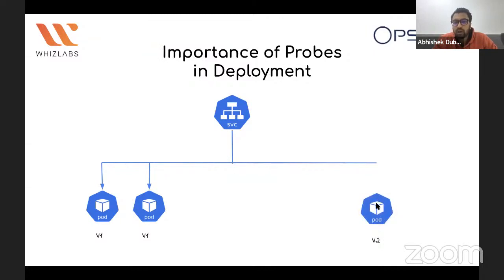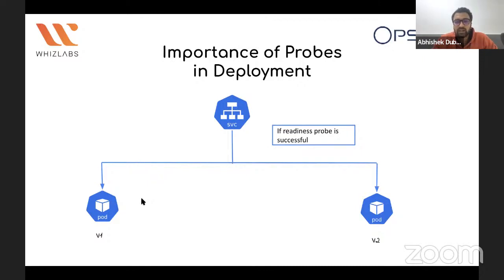This v2 pod will not receive the traffic unless and until the readiness and liveness probe is successful. Let's suppose the readiness probe is successful. It will start sending the traffic to this pod and it will delete one pod from here. After that, it will create another v2 pod.